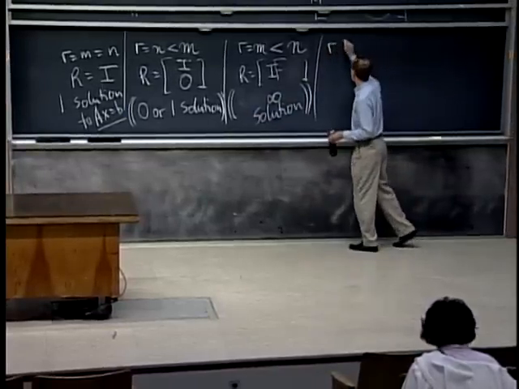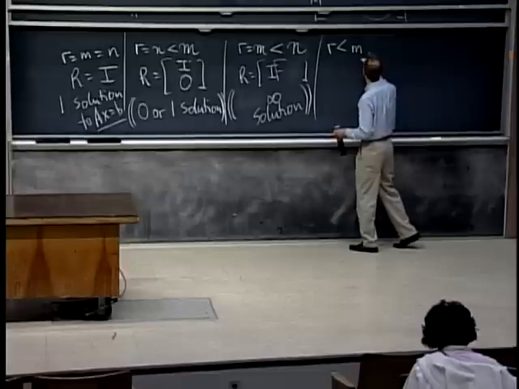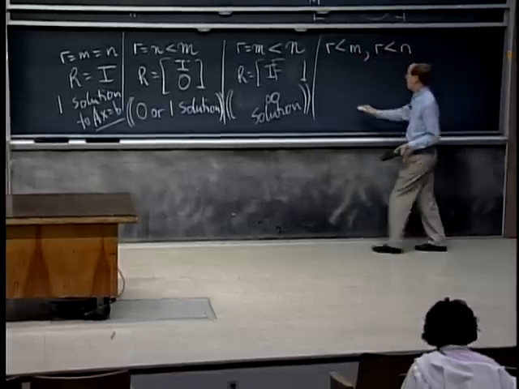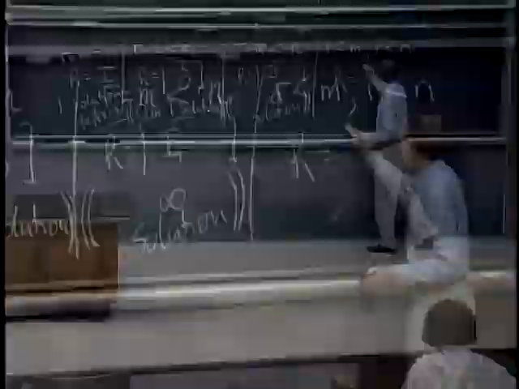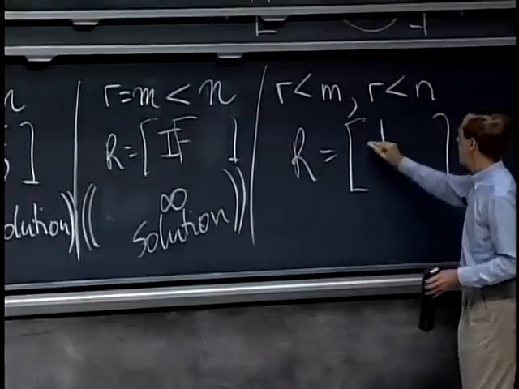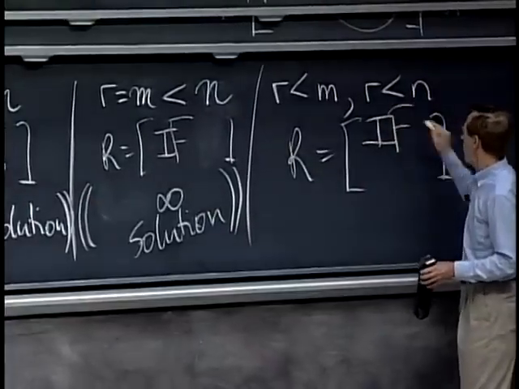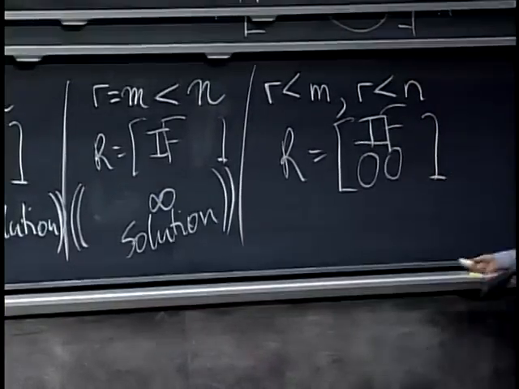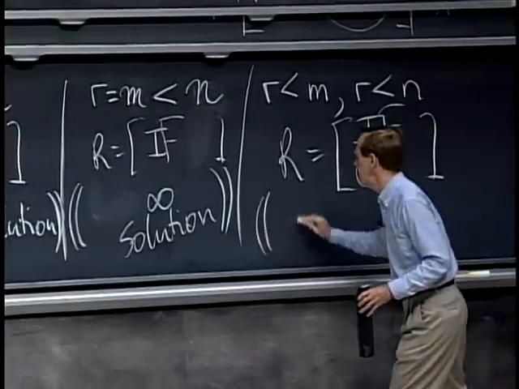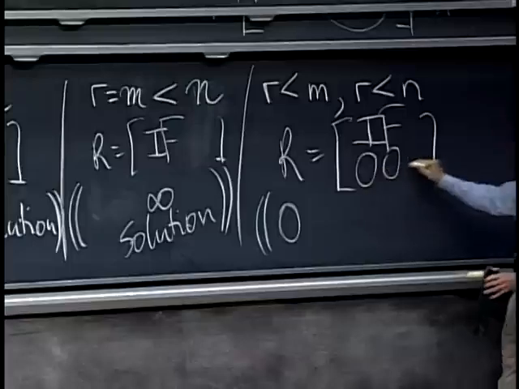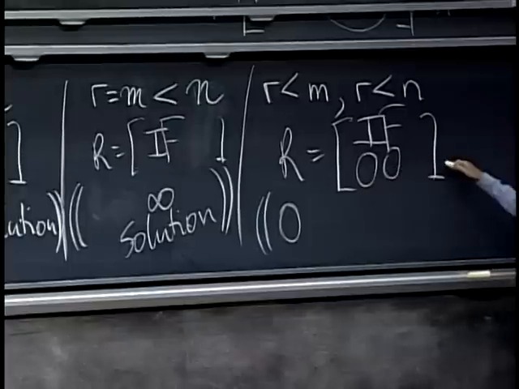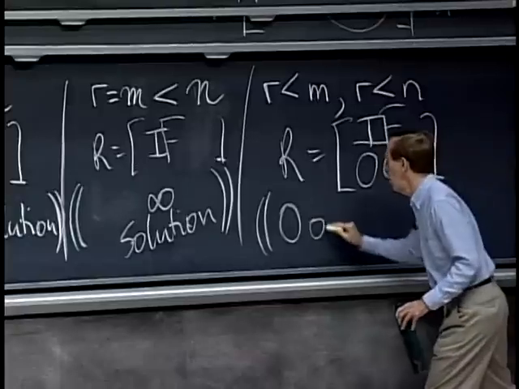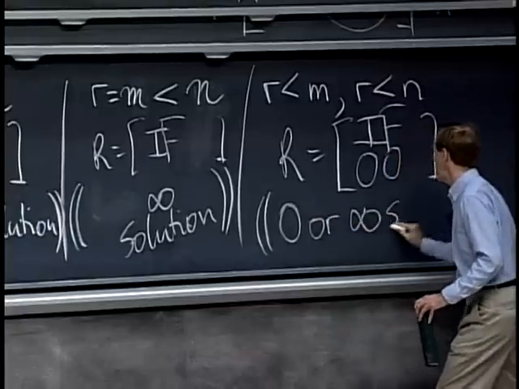Then the final case is where R is smaller than M and smaller than N. Now that's the case where R is the identity with some free stuff, but with some zero rows too. And that's the case where there's either no solution, because we didn't get a 0 equals 0 for some b's, or infinitely many solutions.